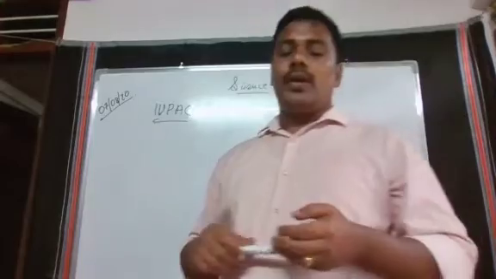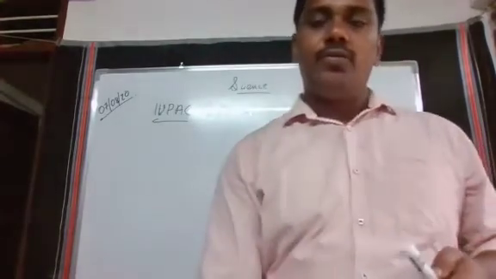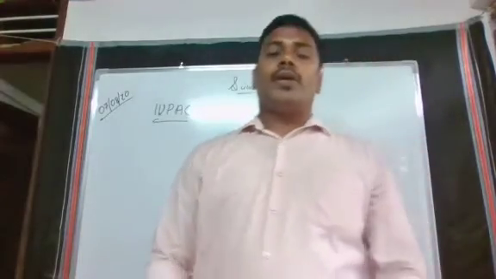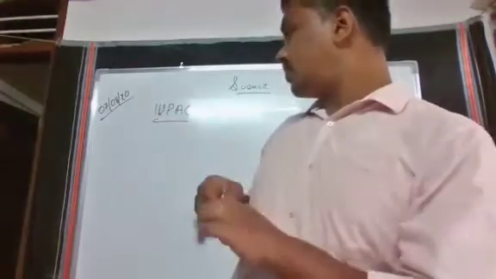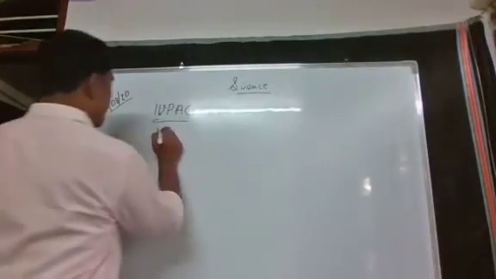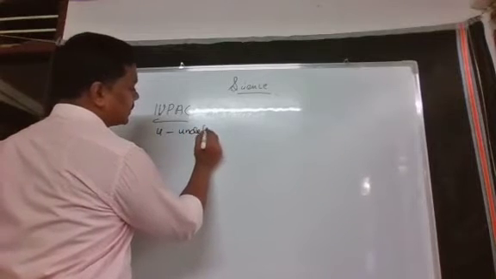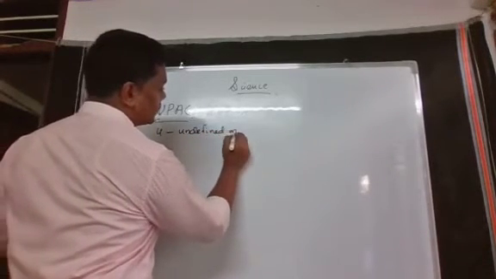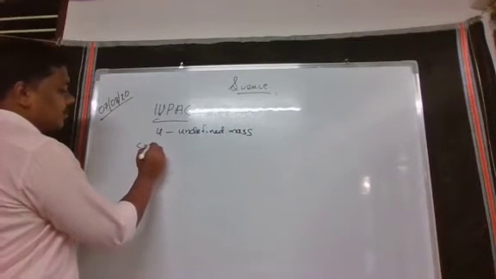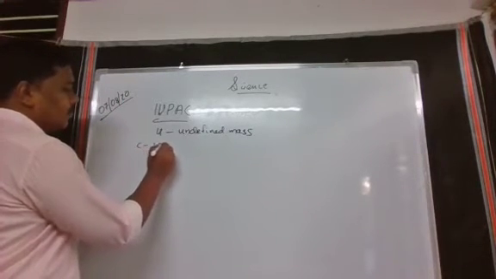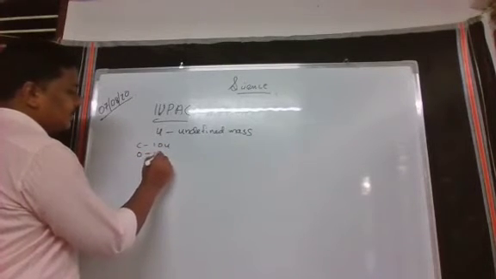They have recommended using this small symbol U for unified mass. So in the case of carbon we wrote 1.0 U, and in the case of oxygen we wrote 1.33 U.